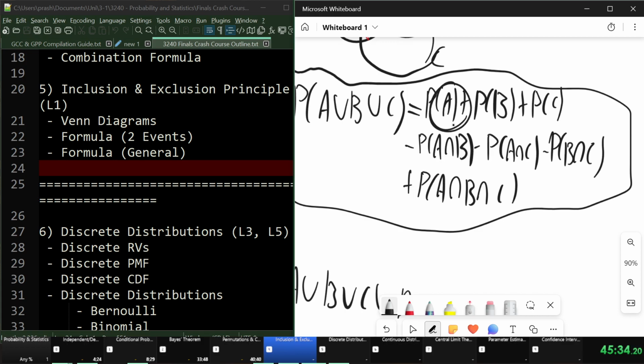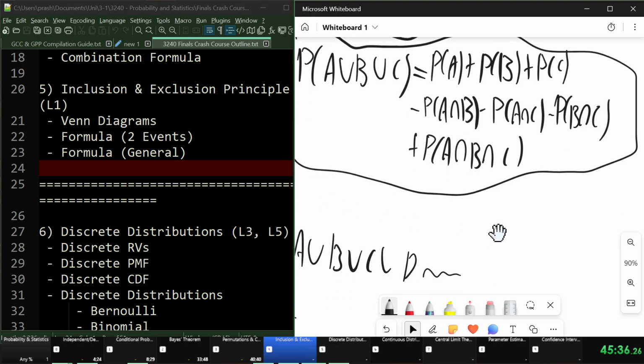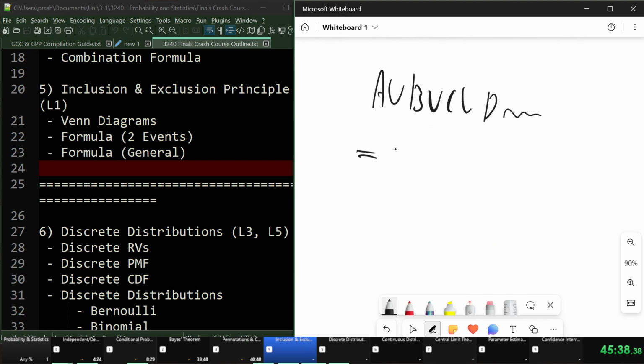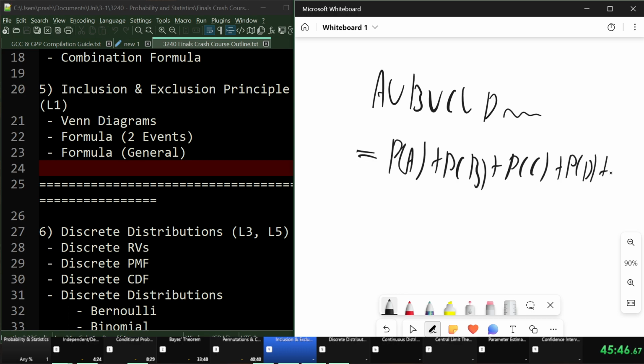Okay, let's go through the 1 events. So same like above, we've got probability of A plus probability of B plus probability of C plus probability of D plus whatever. Inside these brackets, there was an odd number of events. Odd means plus in this case.